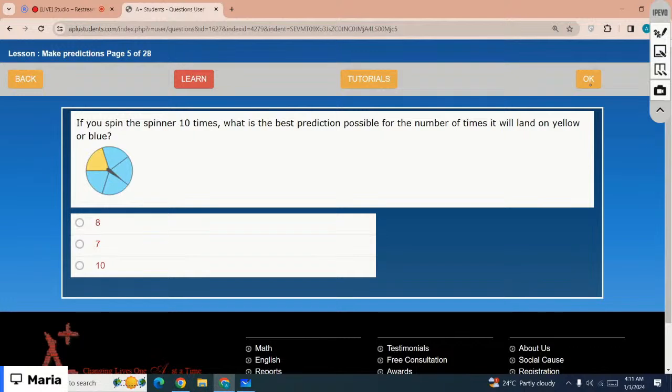So, which is the correct option? The correct option is 10, very good.